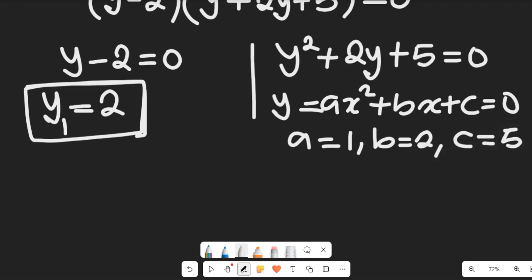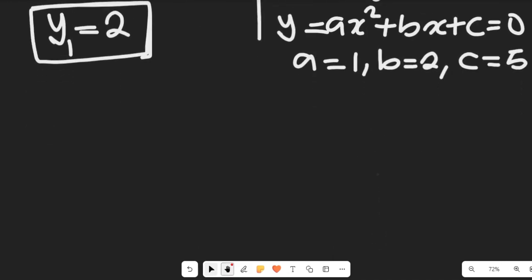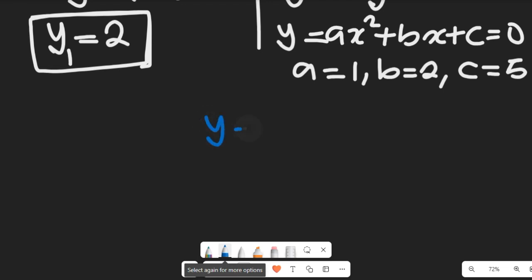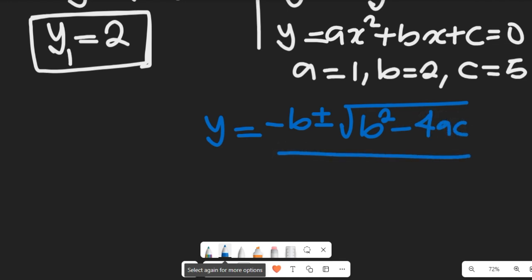Now, using the quadratic formula, we can simplify for the value of y. y will be equal to minus b plus or minus the square root of b squared minus 4ac, all divided by 2a.